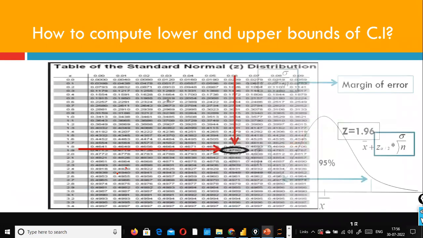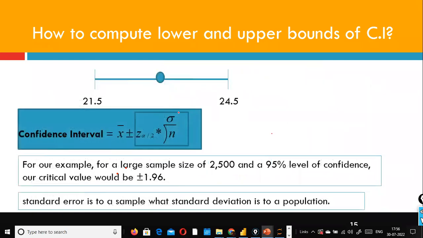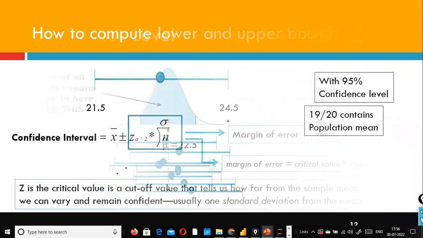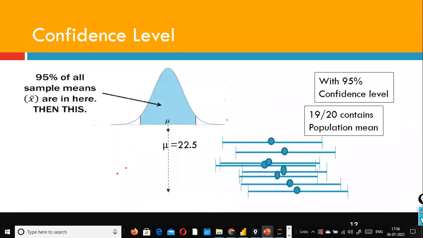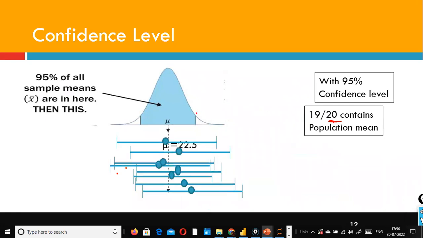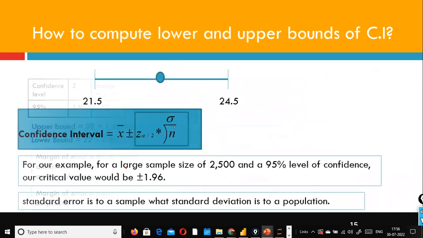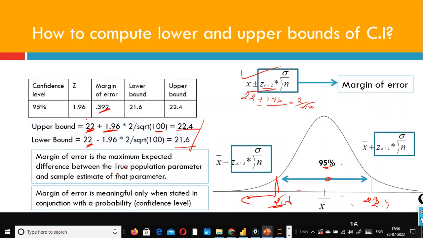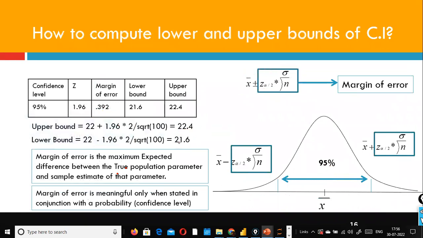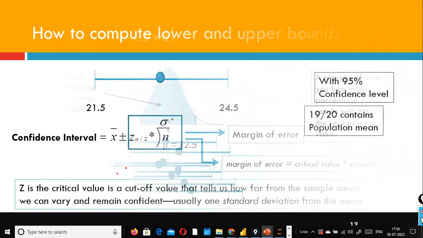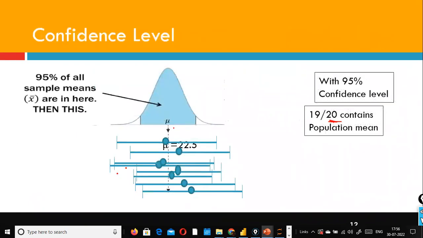The next one: let's say I have taken 20 samples. Sample to sample, the mean will vary. Since the mean varies, obviously the lower bound and upper bound will also change. As per this formula, if the mean is different, the upper bound and lower bound will change. Each sample's mean varies from one sample to another.